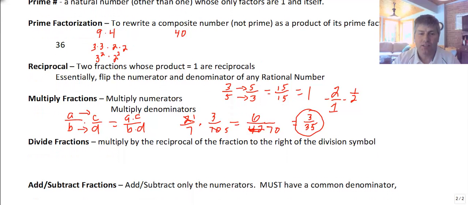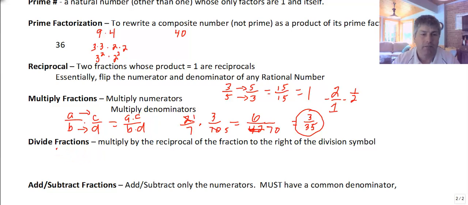Dividing fractions. When we divide fractions, division by definition is multiplication by the reciprocal. So multiplication, division is multiplication. But we multiply by the reciprocal of the fraction to the right of the division symbol. So if you can divide fractions, you got to be able to multiply fractions.